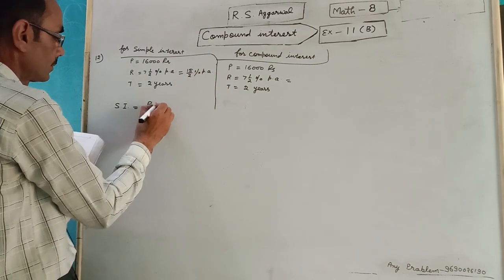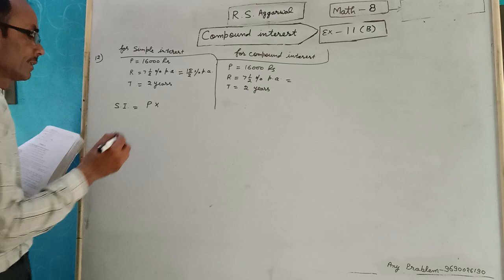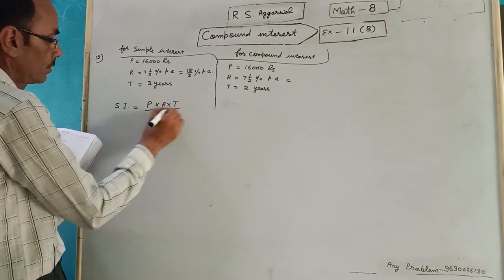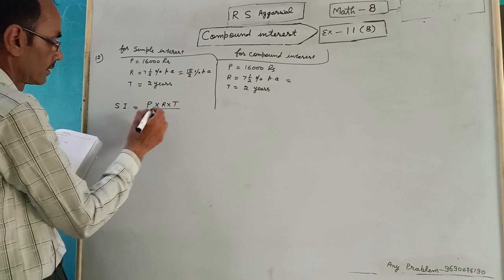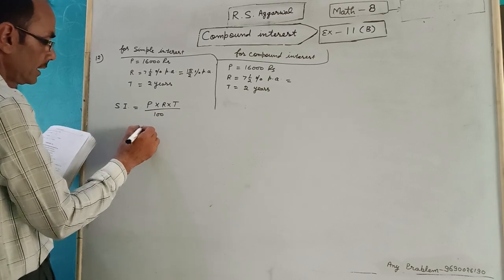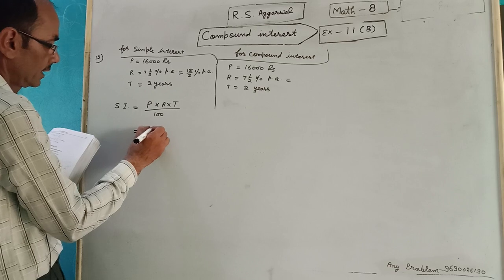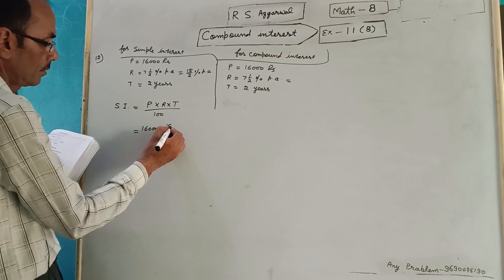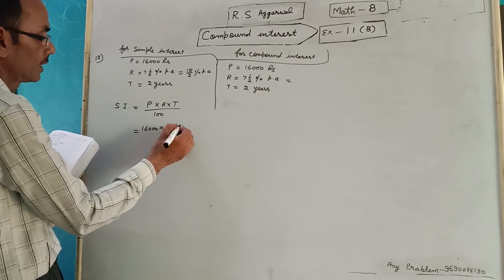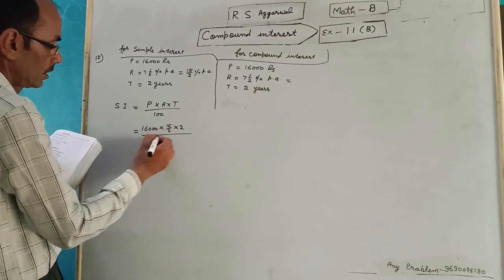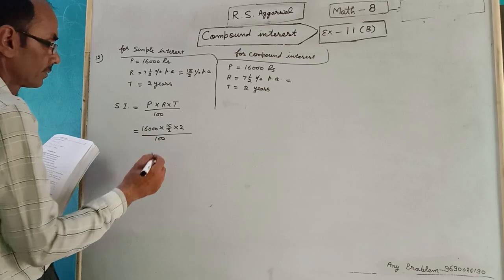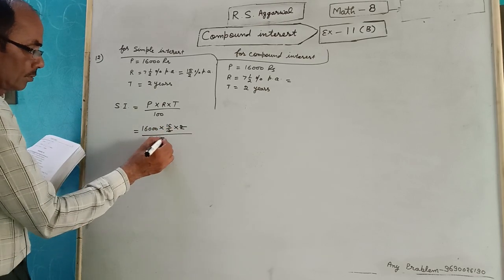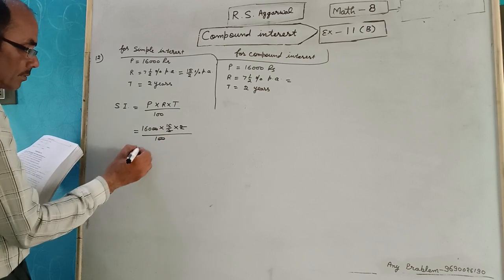Formula is simple interest, P into R into T upon 100. P here is 16,000, R will be 15 upon 2, into time 2, upon 100. 2 divided by 2, cancel 20 by 20.